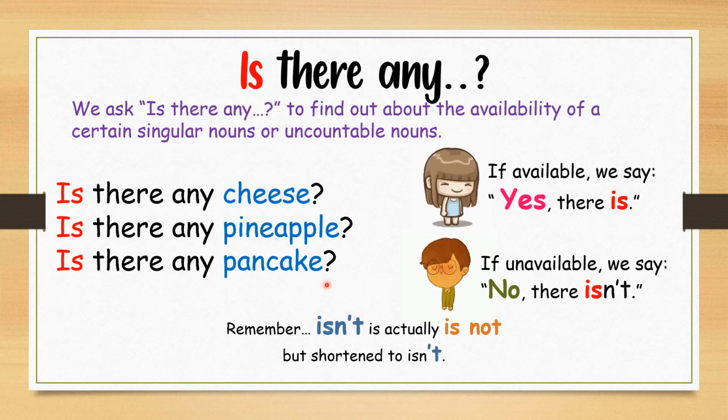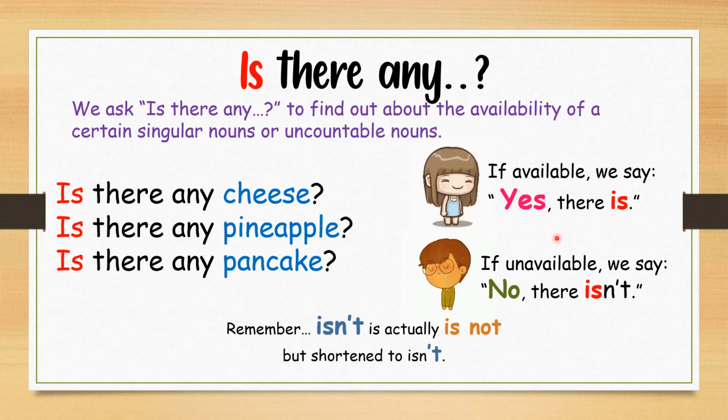All right. Now, how do we answer these types of questions? If the thing that we asked about is available, if they have it, we will answer yes. But how do we answer yes in a proper way for this kind of question? Let's say the question goes, is there any cheese? And the answer is yes. We will say yes, there is.